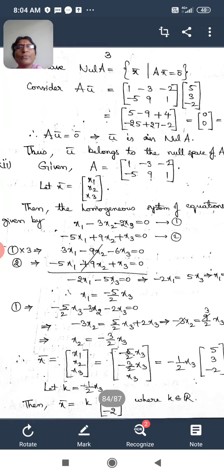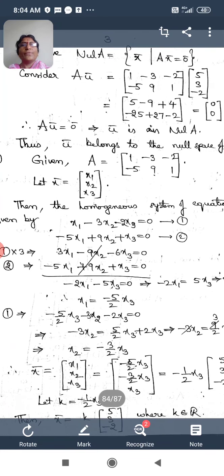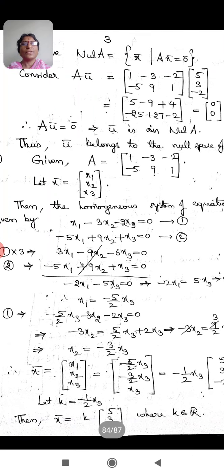Then the homogeneous system of equations will be two equations. Taking the elements of A as coefficients, and forming the homogeneous system with the variables we have taken in x bar, which are x1, x2, x3, we get two equations: x1 minus 3x2 minus 2x3 is equal to 0, and minus 5x1 plus 9x2 plus x3 is equal to 0.